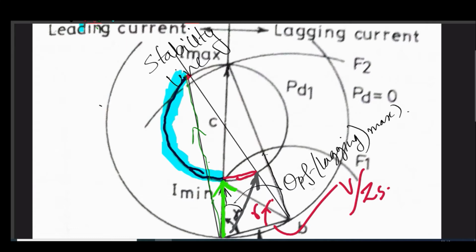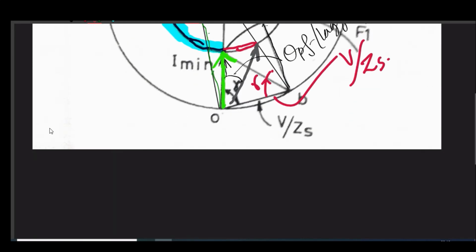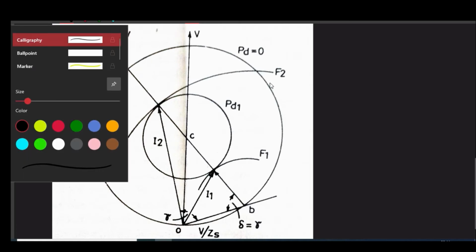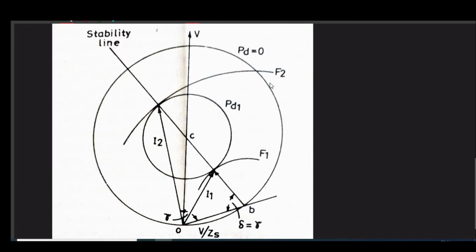Now if we are talking about finding out maximum and minimum excitation for a given power factor, then just a minute, let me insert one more picture. So for a given power PD1, we can have two different values. The value of minimum and maximum excitation can be written like E naught by Zs.